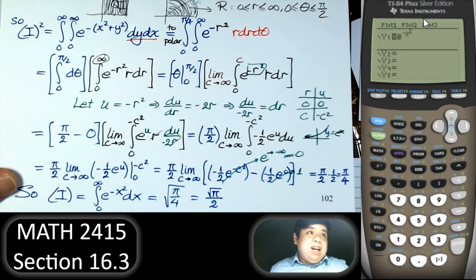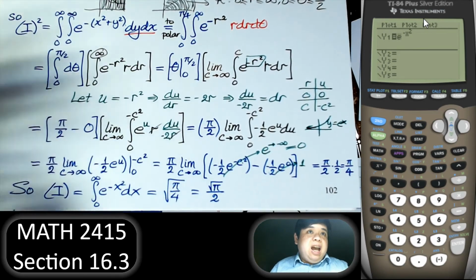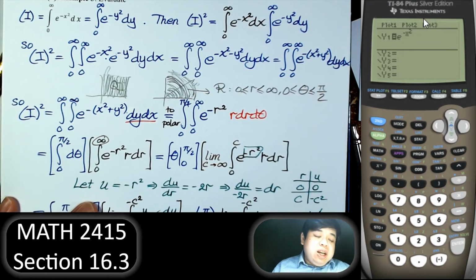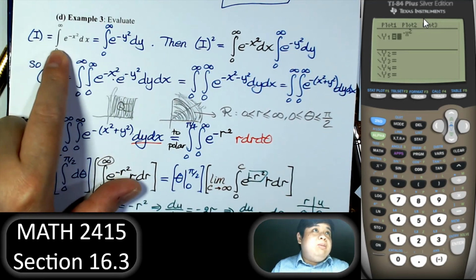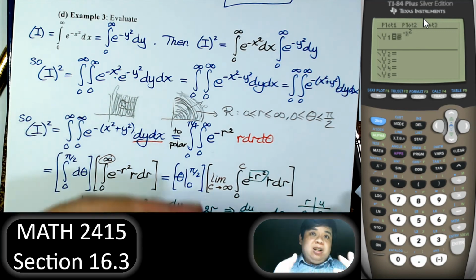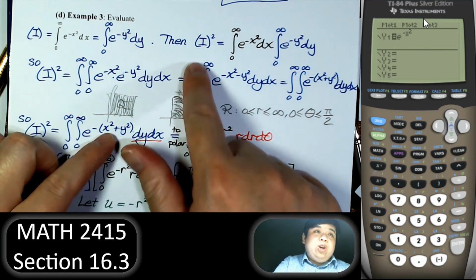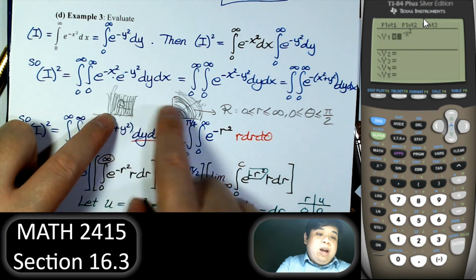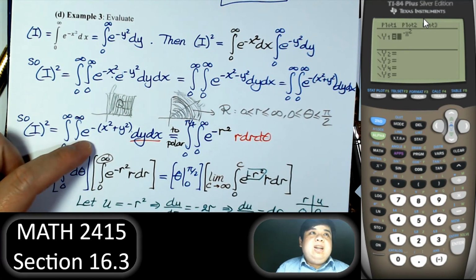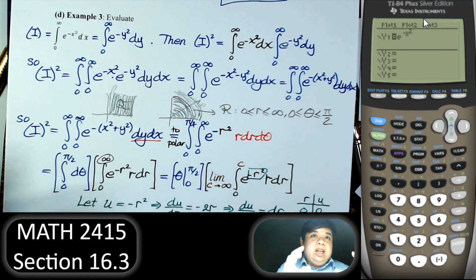Right. I did say that this problem is interesting. I said every little detail we already know. But the genius here is that we consider one of them as I, the other one is also I, multiplied together. We make things a lot more complicated. But in that process, when it goes to infinity, we turn the square into a quarter of a circle. The idea is, if we have a square that is extended indefinitely, that will cover the whole plane, right?